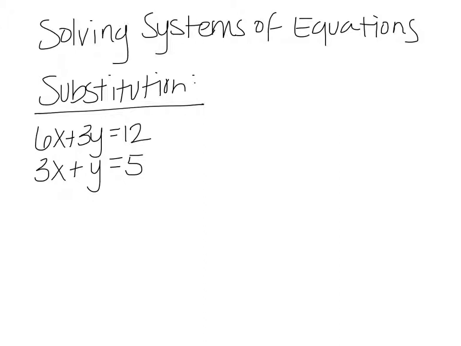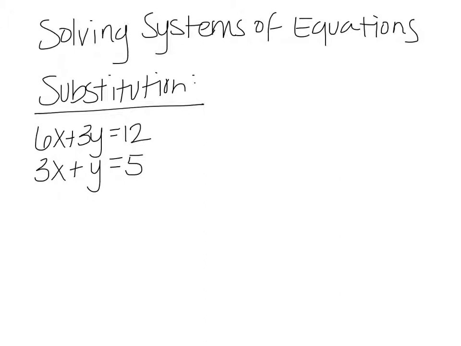I'm going to solve using substitution, and substitution involves 3 steps. My first step. Now, when you are picking your equation, you want to choose one of the equations that has a single variable.